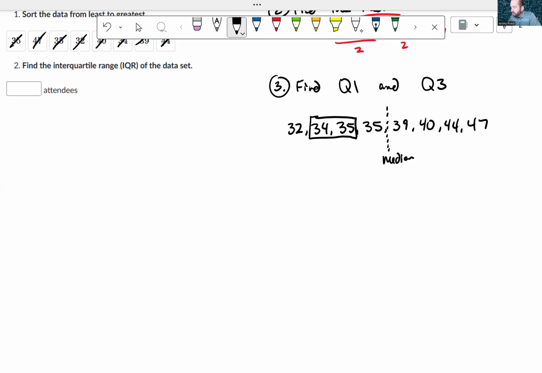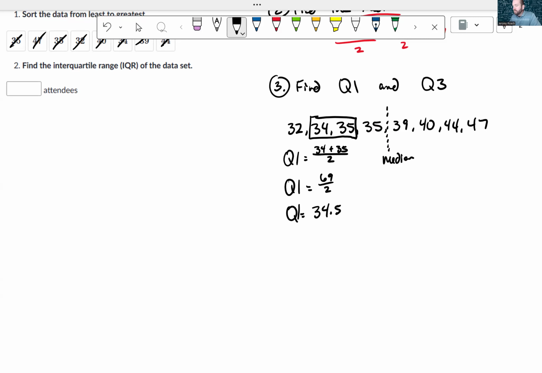So we're going to divide by 2. So we're going to do the same strategy that we did for the median. This is essentially finding the average of these numbers, or the mean of these numbers. So for Q1, it's just 34 plus 35 divided by 2. And that's 69 divided by 2, which is equal to 34.5.